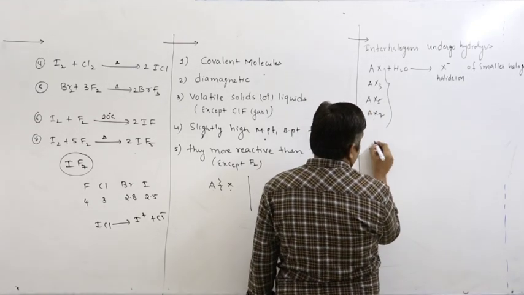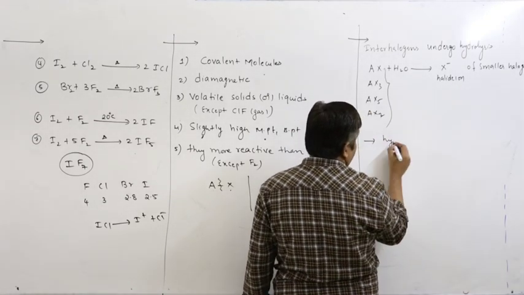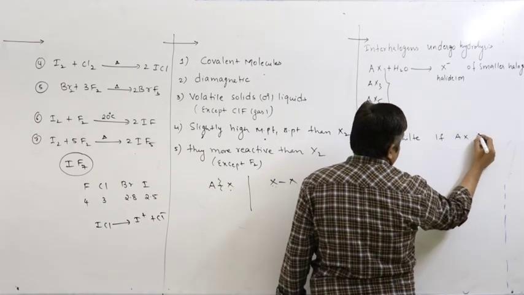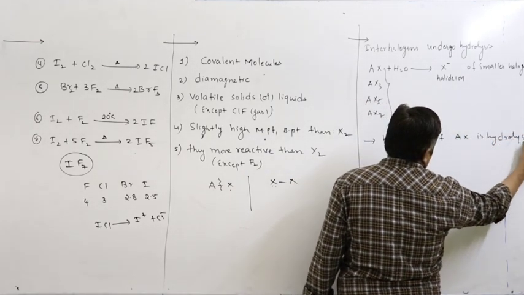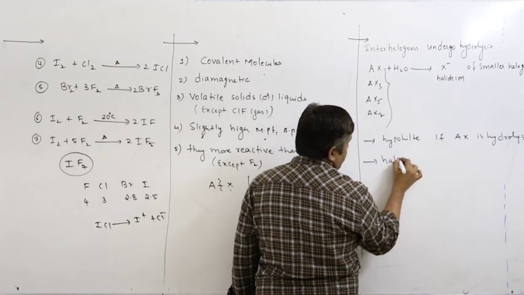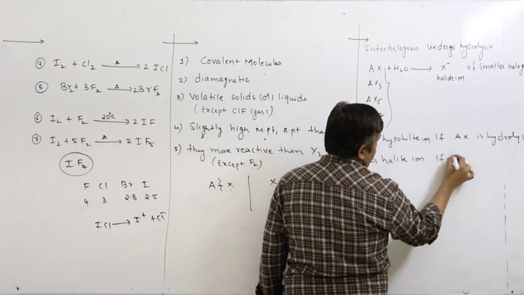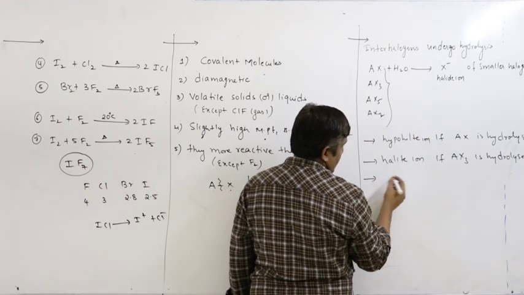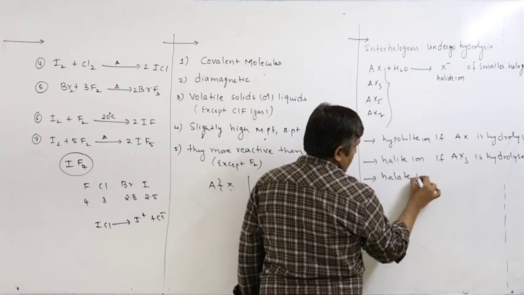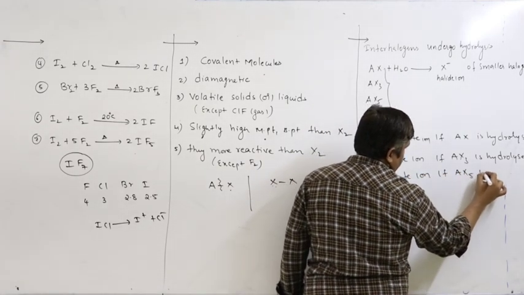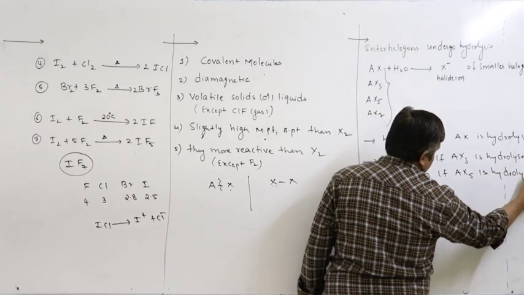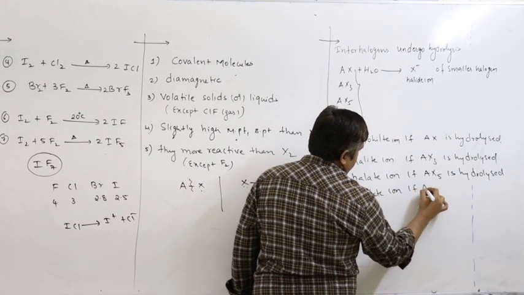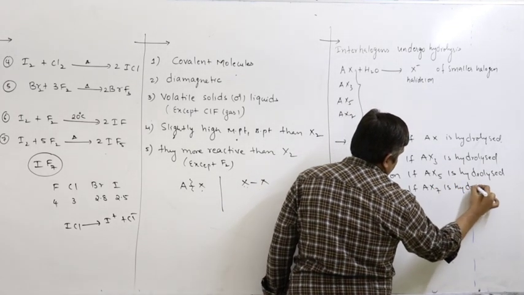And in the case of AX, along with this you will get hypohalite if AX is hydrolyzed; halite if AX3 is hydrolyzed; halate if AX5 is hydrolyzed; perhalate if AX7 is hydrolyzed.